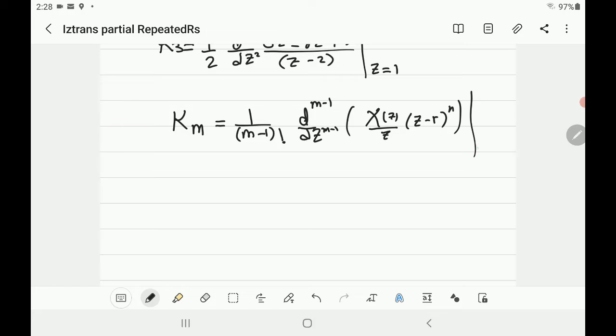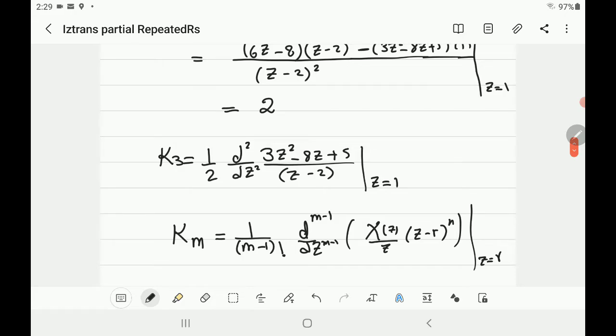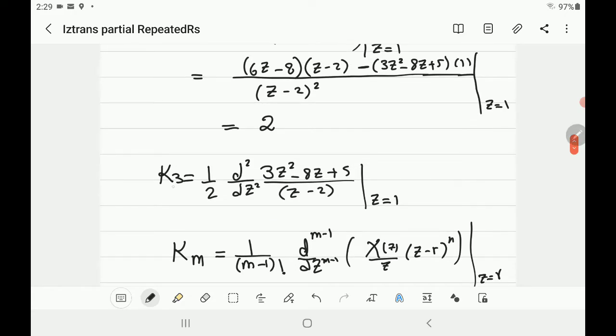And then you substitute at the value of this root. That's why I don't like to write it here. I want to deduce it, but this is what's happening here. So when you observe k3, where m is equal to 3, then you have (m minus 1) factorial. You decrease this, and this is the factorial, and 2 factorial is equal to 2. All right? And the second differentiation.